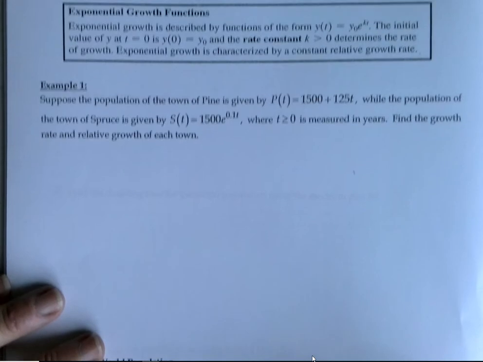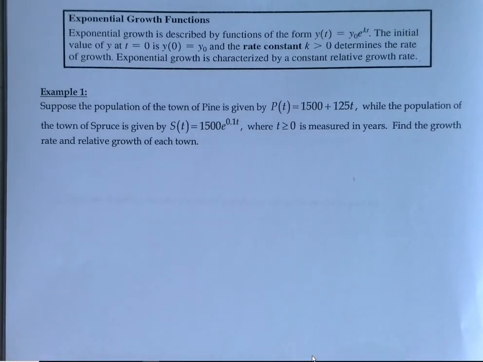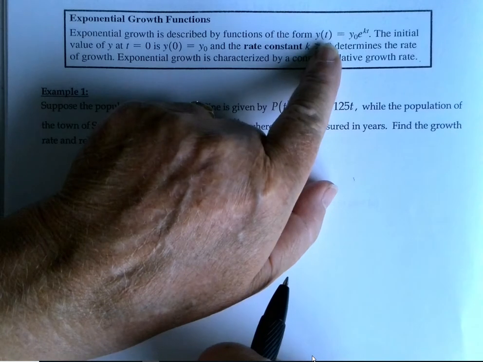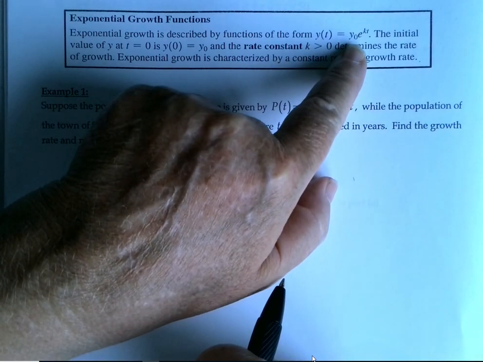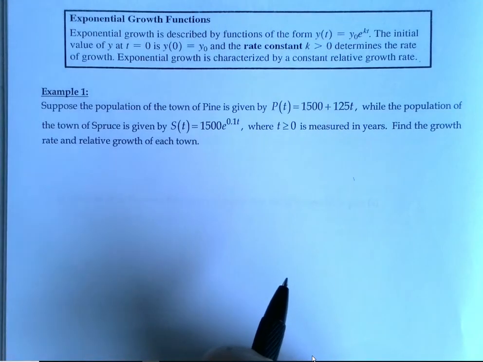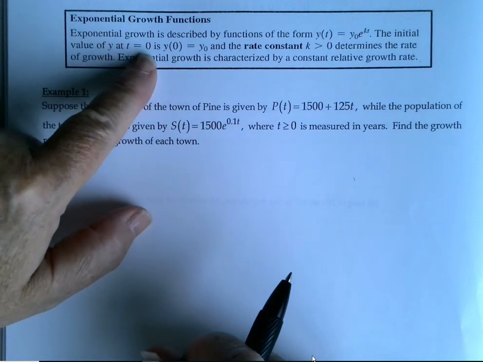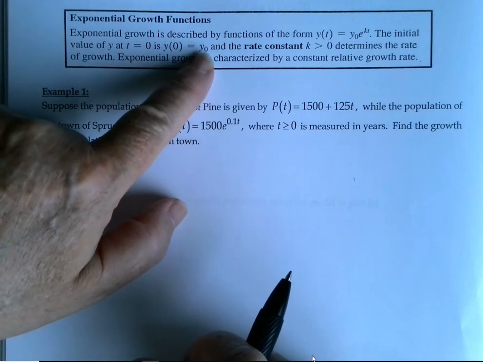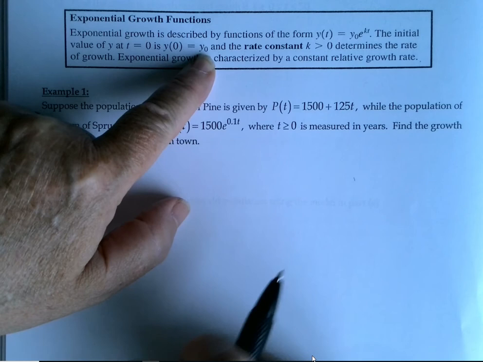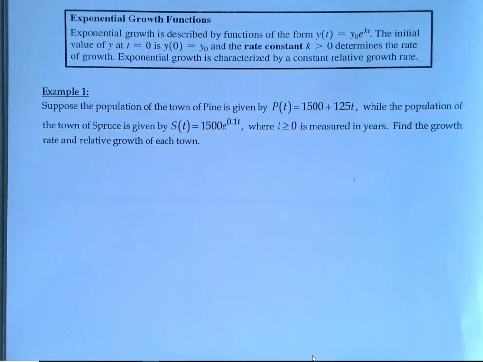Let's take a look at a few exponential growth functions. Start talking a little bit about things that we can do with them. In general, exponential growth is described by a function of the form y of t equals y naught e to the kt, where the initial value of y at time 0 is denoted as y naught, and then the rate constant k is positive, and that determines the rate of growth.